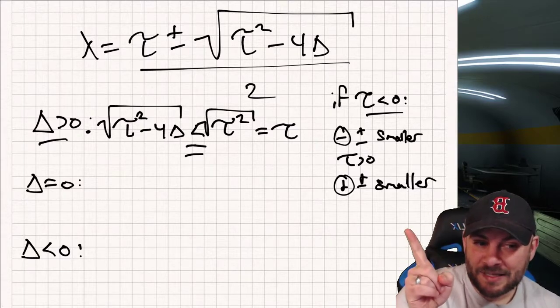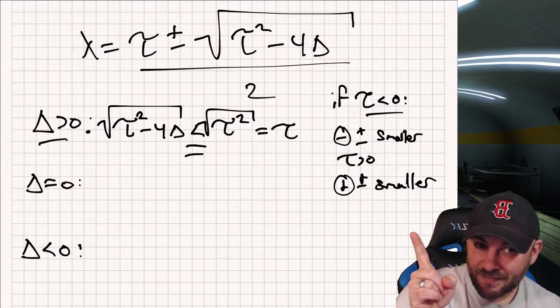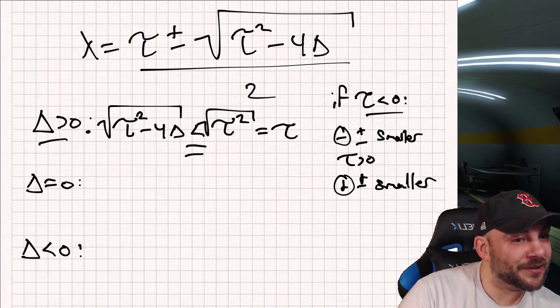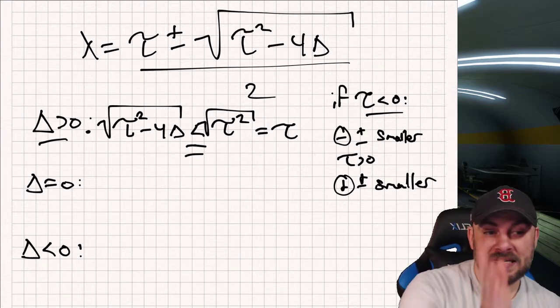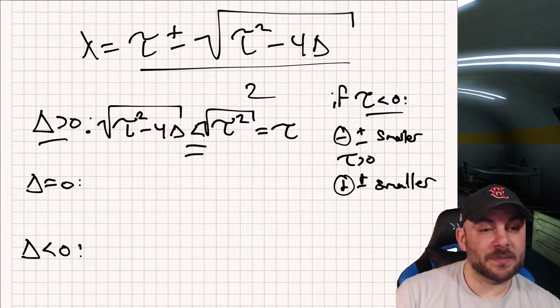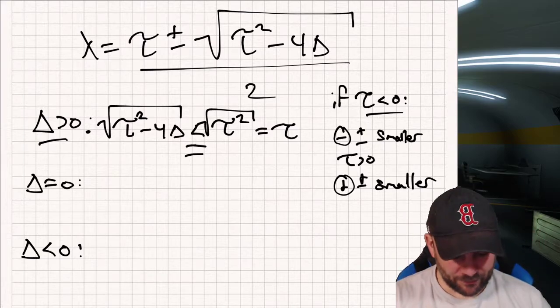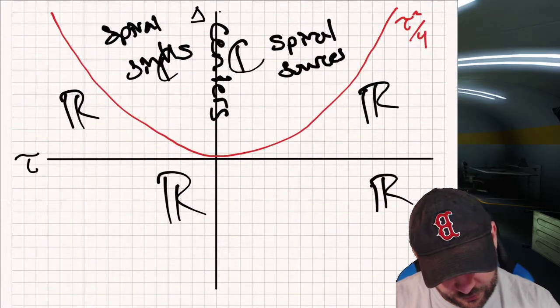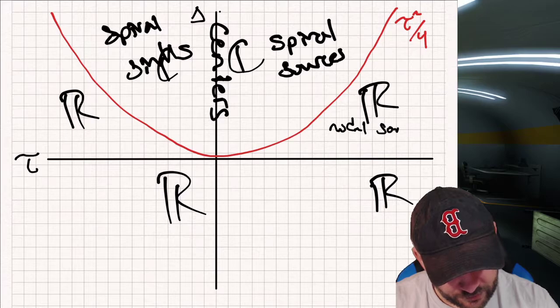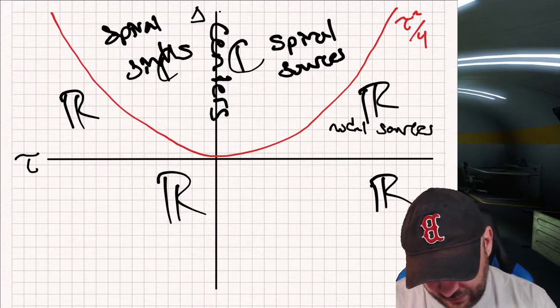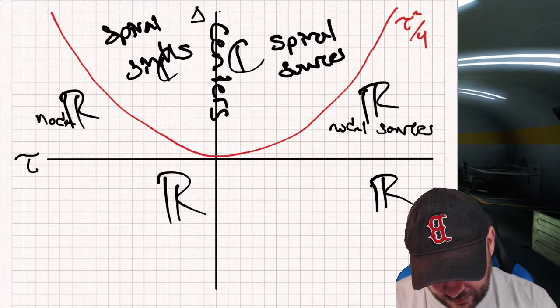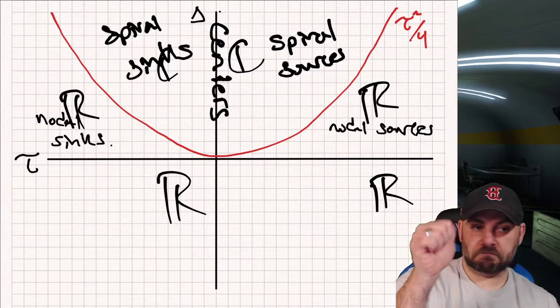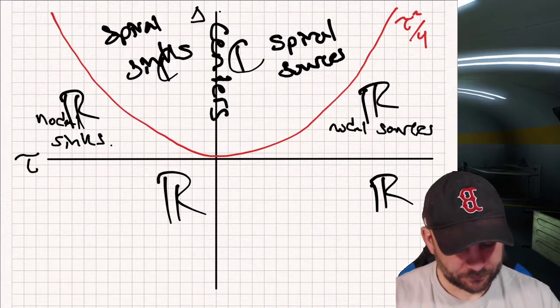So if the determinant is positive, and we're in a real root situation, tau being on the right or the left tells me if they are both positive or both negative. So that allows me to denote this region right here as nodal sources, and this region right here as nodal sinks.